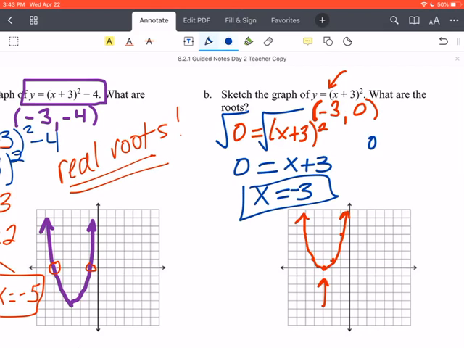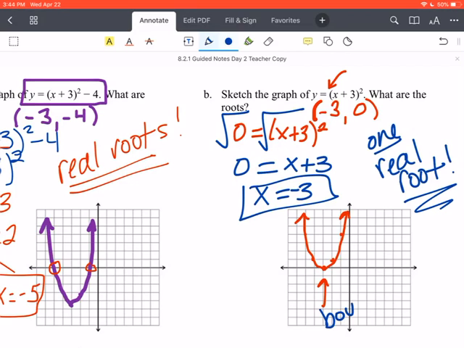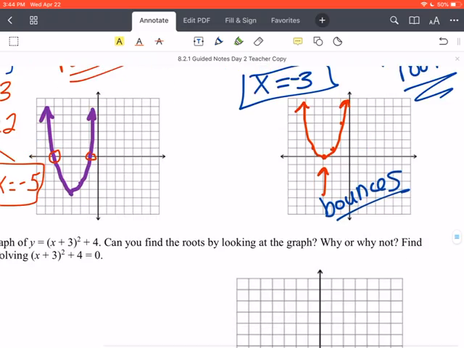So we would say that there is 1 real root. Okay, and that makes sense because if we think about our polynomials from last section, it is bouncing off of the x-axis. So we know that the factor has to have an even power, which look, there is an even power. So it's all kind of flowing together.